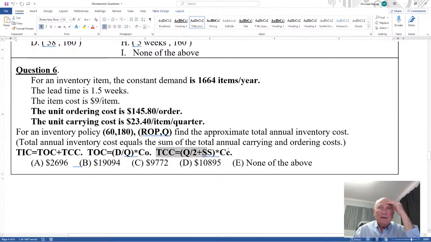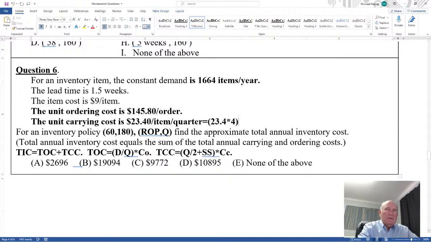Now my carrying cost. I have my Q, 180. There's Q here, but I don't know what my safety stock is. My carrying cost is given here per quarter, but I want it per year, which equals 23.4 times 4, because it's per quarter.